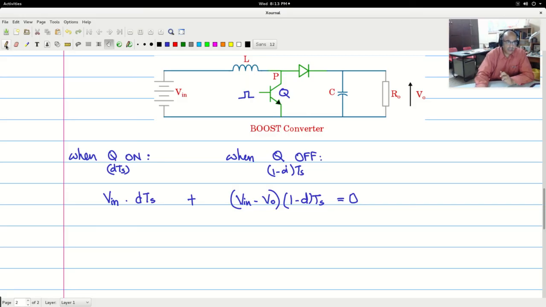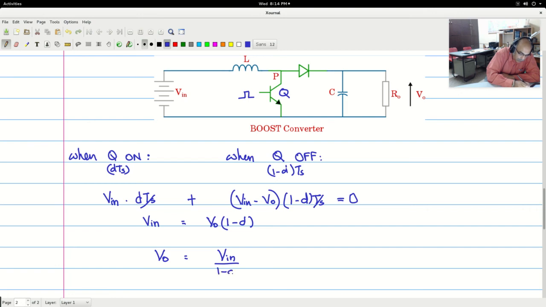So now coming back to the equation here, we see that Vin into dTs is equal to now V0 into (1 minus d)Ts going over, and therefore if I write V0, it is Vin by (1 minus d).